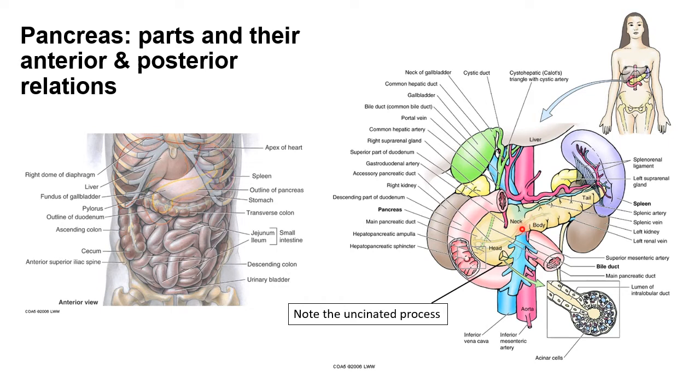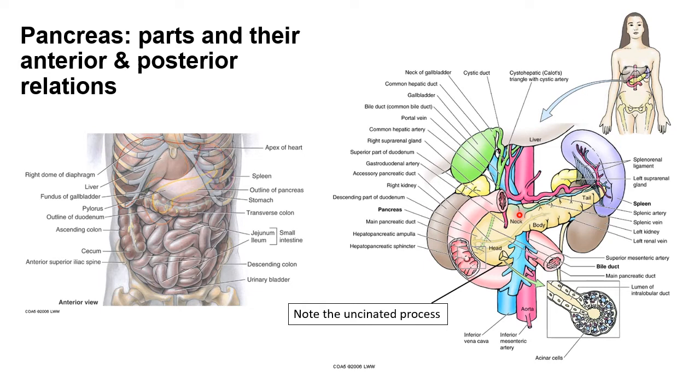If we move laterally to the neck, the most important relation of the neck is the portal vein. The portal vein, which is formed by the union of the splenic vein and superior mesenteric vein, is formed posterior to the neck of the pancreas.